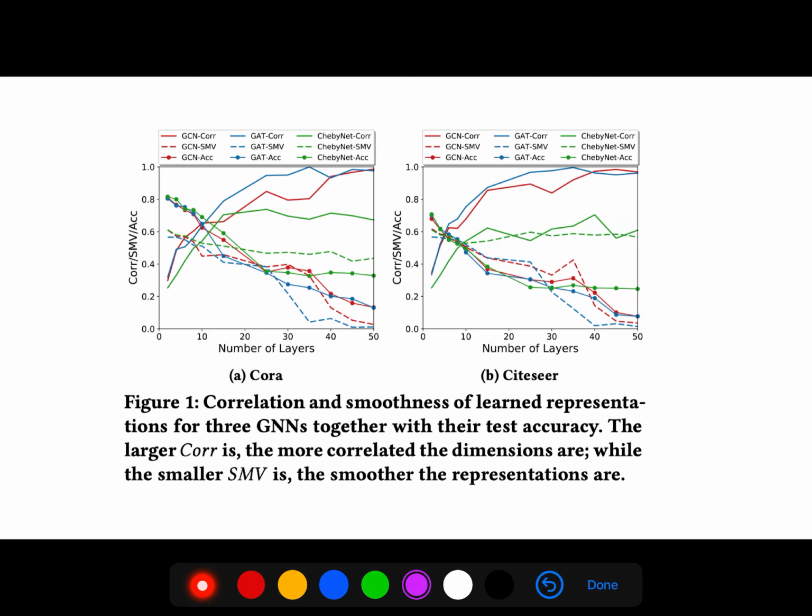You see the correlation and smoothness of learned representations for 3 GNNs together with their test accuracy. The larger Corr is, the more correlated the dimensions are, while the smaller SMV is, the smoother the representations are.